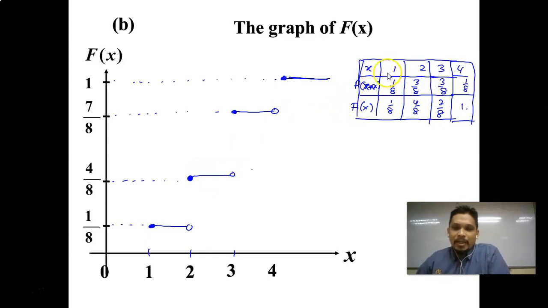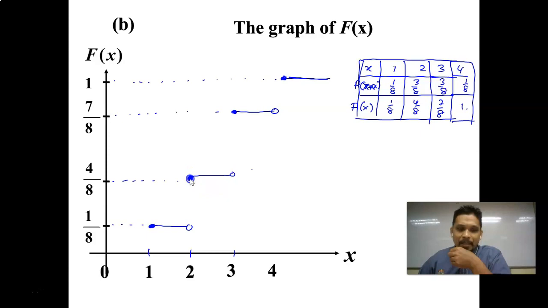When x equal to 1, accumulate for F(x) here, and from 1 until 2 the value is 1 over 8. It stays at 1 over 8 until almost x equal to 2. But when x is exactly equal to 2, it reaches 4 over 8.